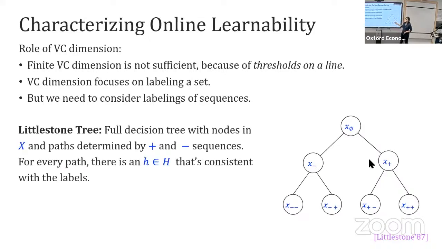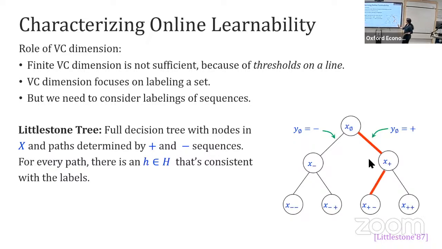So Littlestone dimension, which is the thing that characterizes learnability in the adversarial setting, is about a full decision tree. Think about it. The right way to think about decision trees is that my nodes are different feature vectors, and my edges are plus and minus, like right and left child. And paths are defined by these pluses and minuses in different places.